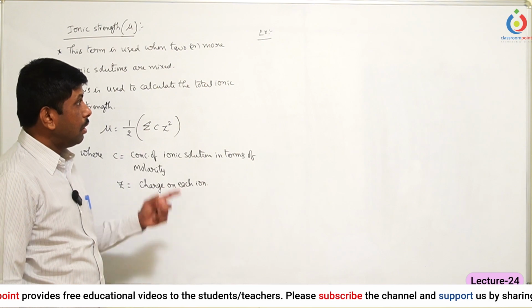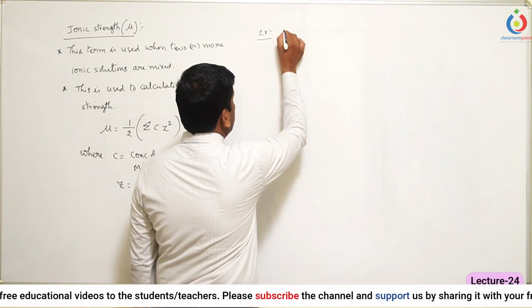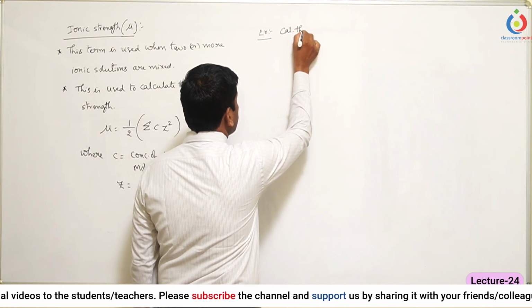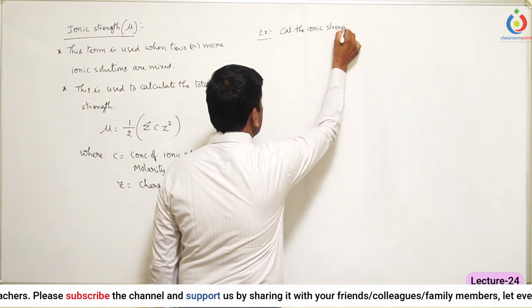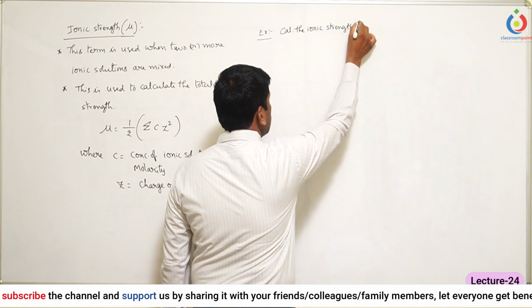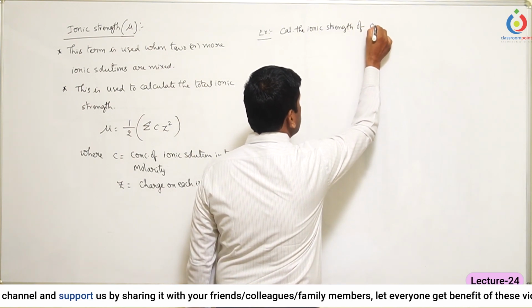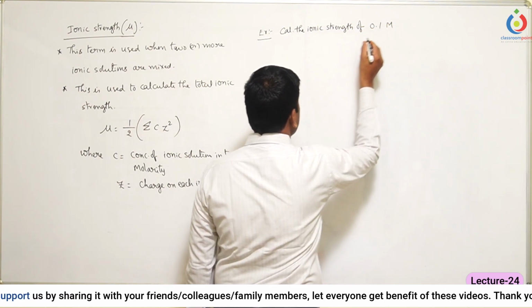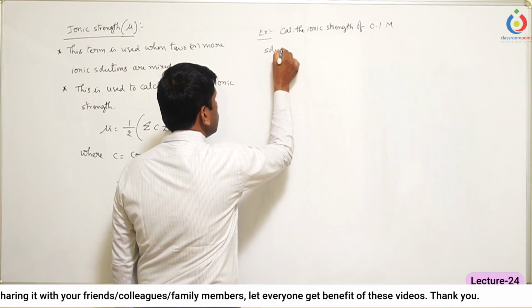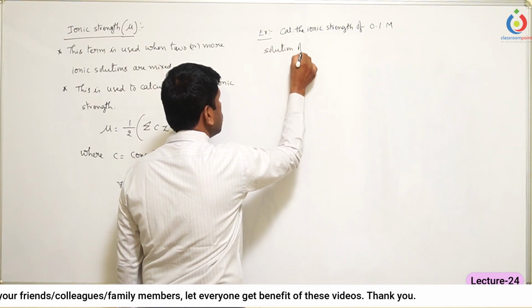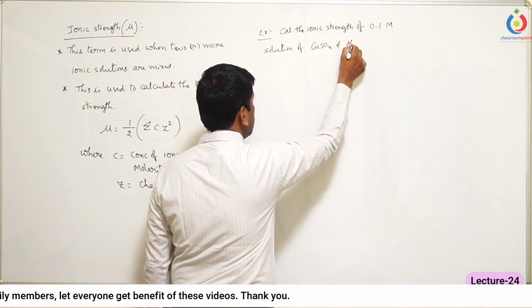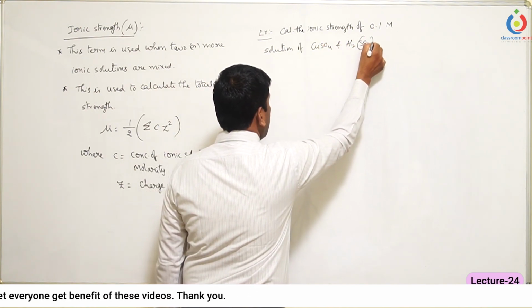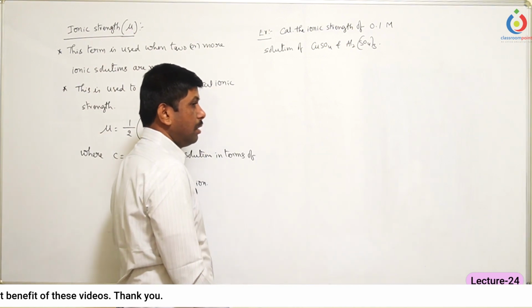Let us take one calculation to check this formula. Calculate the ionic strength of 0.1 M solutions of copper sulfate and aluminum sulfate.